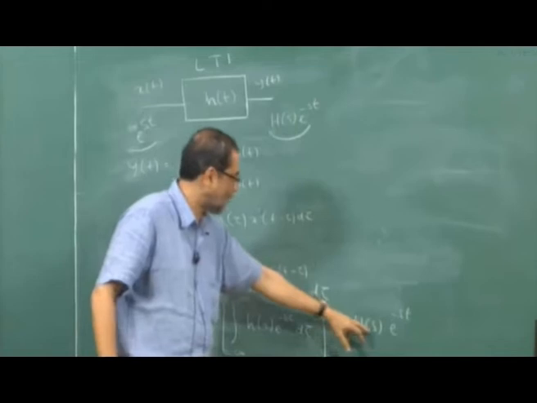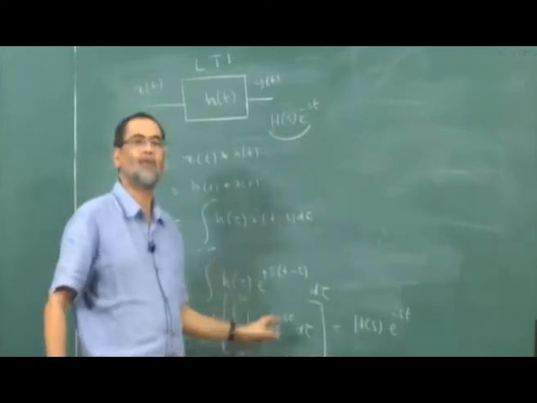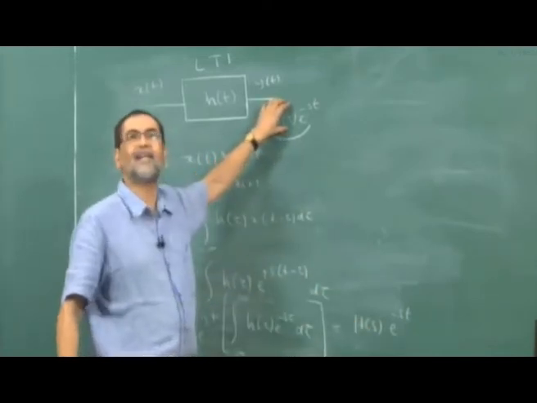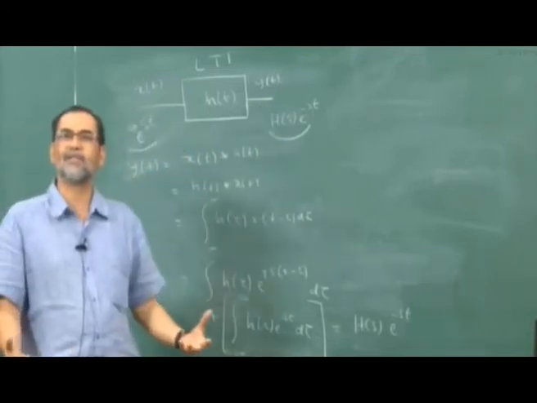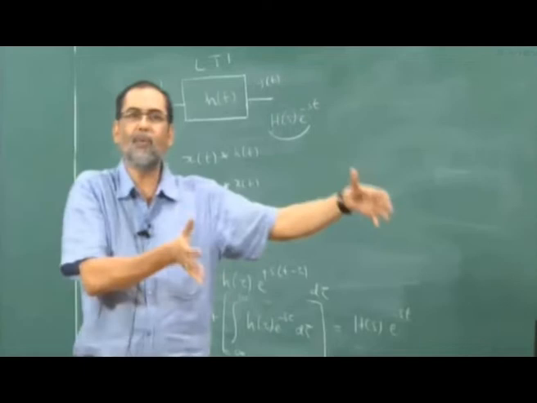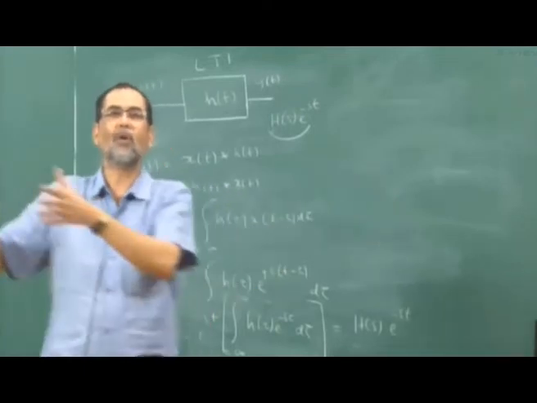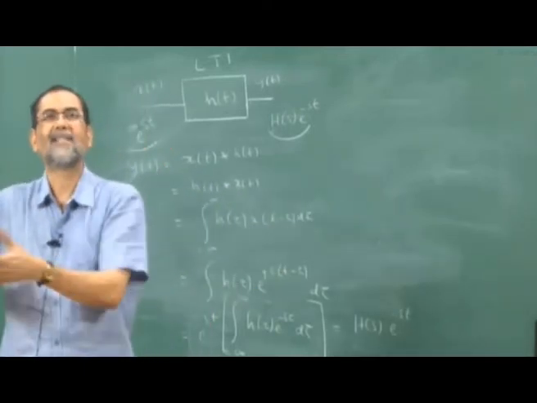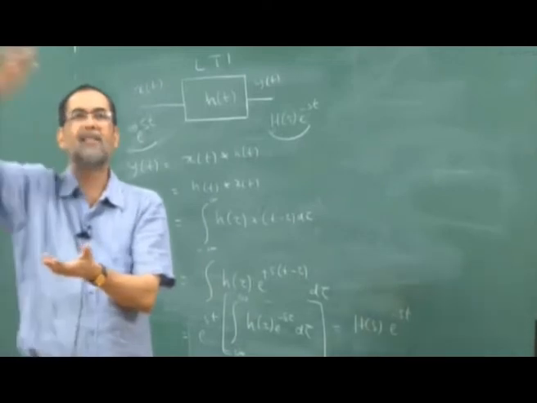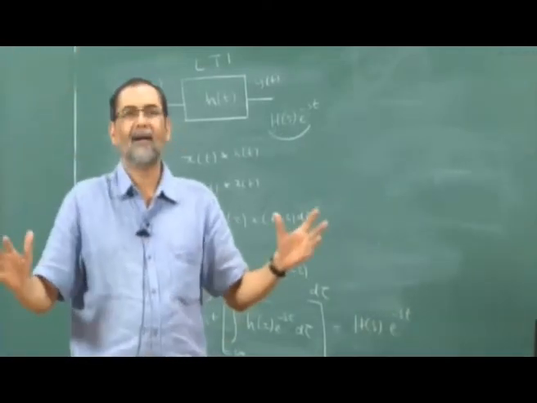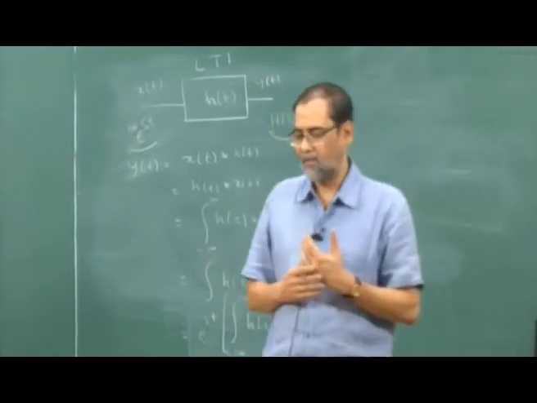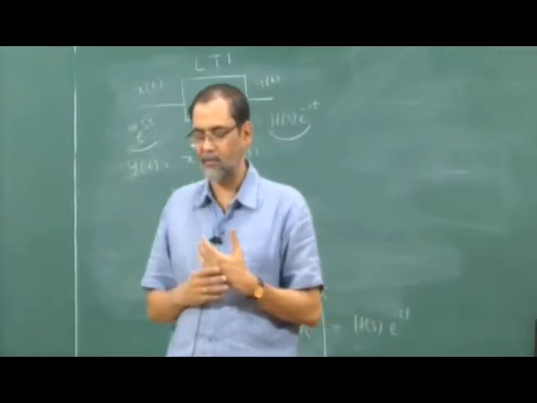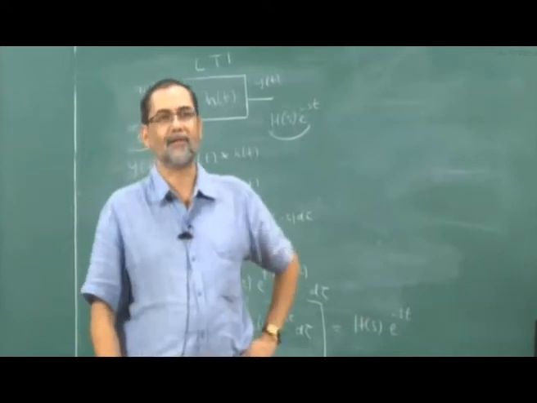Because s is complex, this integral can become complex. So this is a complex scaling factor, which is a function of h, the impulse response. So when the input is e raised to minus st, the output also is e raised to minus st, except it is scaled by a scaling factor H(s). This is an idea of immense practical interest.